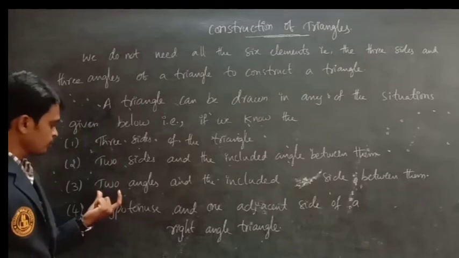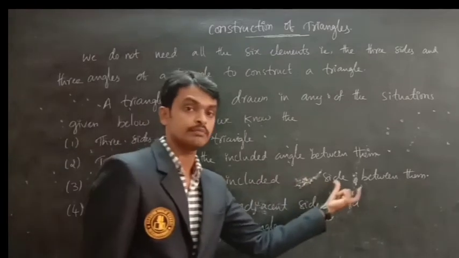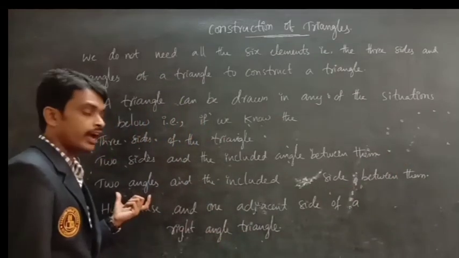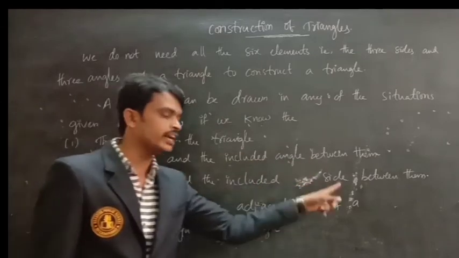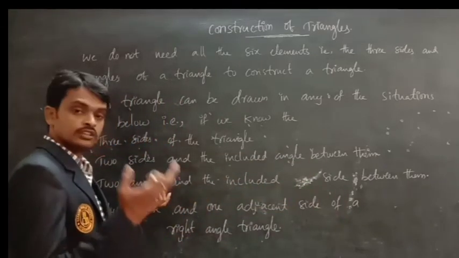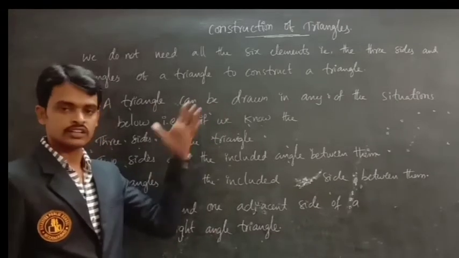Third situation, 2 angles and the included side between them. If they give 2 angles and the included side, then using these 3 measurements we can draw the triangle.